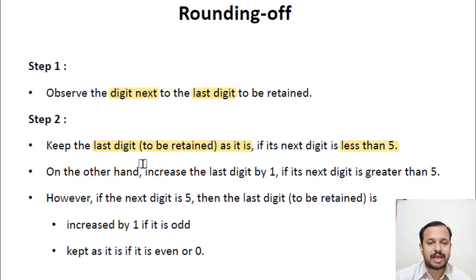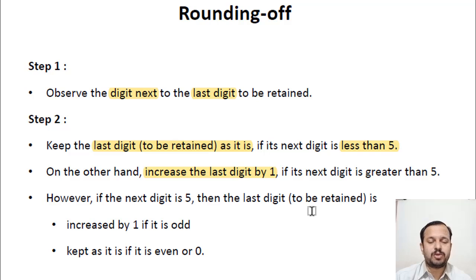On the other hand, if the digit next to the digit which we want to retain is greater than 5, then we have to increase the digit by 1. This is an important thing we have to remember.